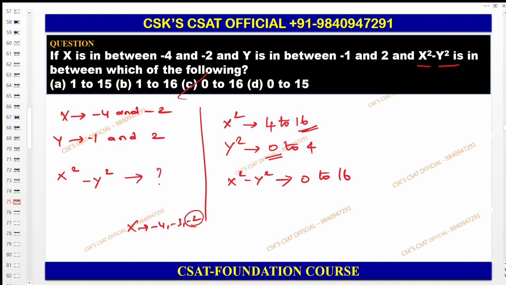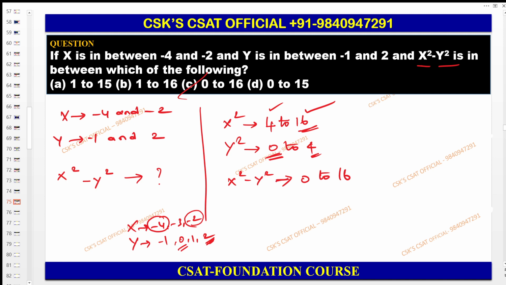Minus 2 the square is nothing but 4. What is minus 4 the whole square? 16. Here y falls minus 1, 0, plus 1, 2. So 0 square is also included in the y. What is the maximum here? 2. What is 2 square? 4.